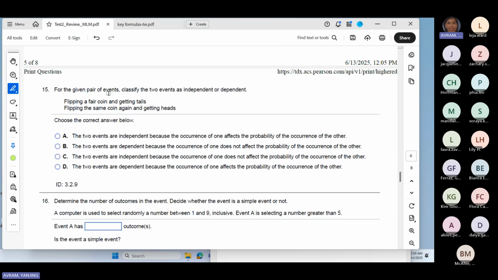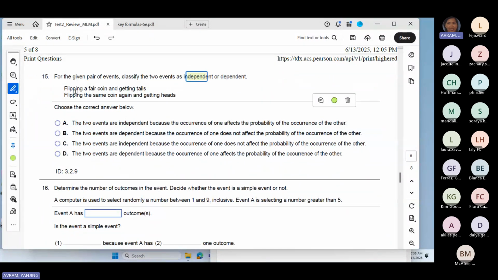For the given pair of events, classify the 2 events as dependent or independent. Okay, so let's see the first one: flipping a coin and getting a tail, then flipping the same coin again and getting heads.